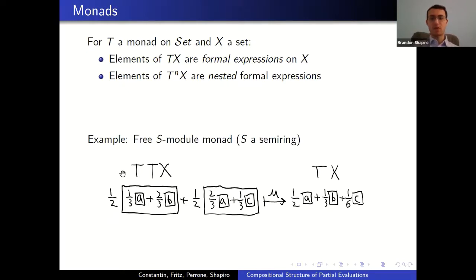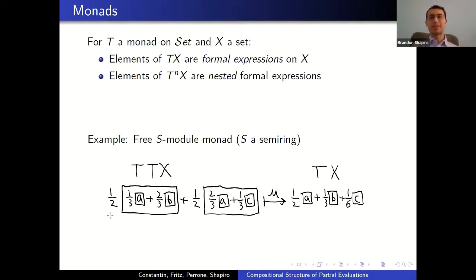We can also use this example to describe a related one, the free S-module monad. When we define this distribution monad, all we really need is coefficients, in this case given by these fractions, which can be added and multiplied together and maybe have a unit, like 1, for defining the unit of the monad.